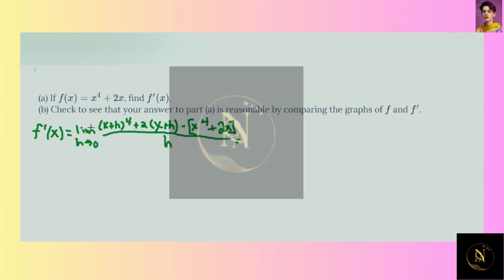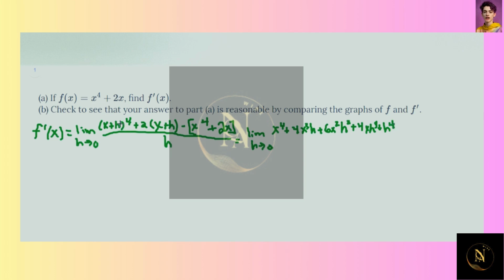Okay, good. Next step is to expand every term. Here we have a binomial to the fourth power, and then distribute some other numbers as well. So this binomial to the fourth power will be x to the fourth plus 4x cubed h plus 6x squared h squared plus 4x h cubed plus h to the fourth.